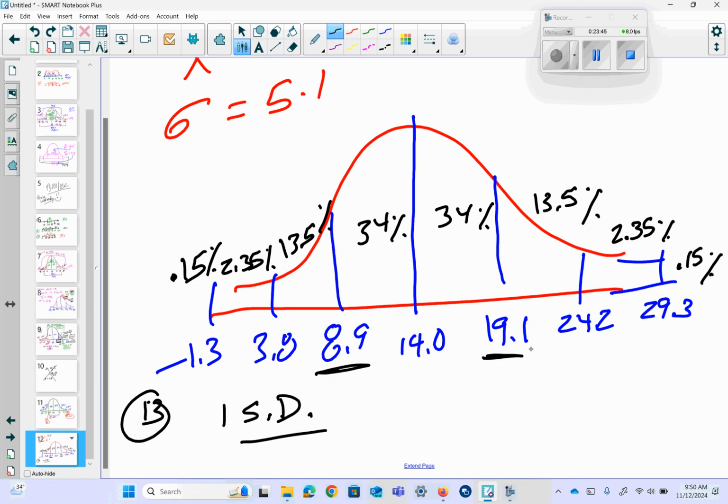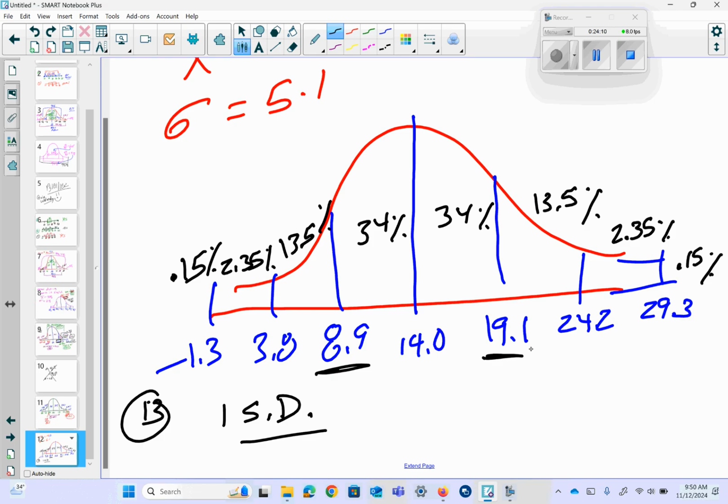Is 100% the same thing as 99.7? No. So just by looking at this, we can verify this is not a normal distribution. Number 16 says, from the information above, is this a normal distribution? So this fails.